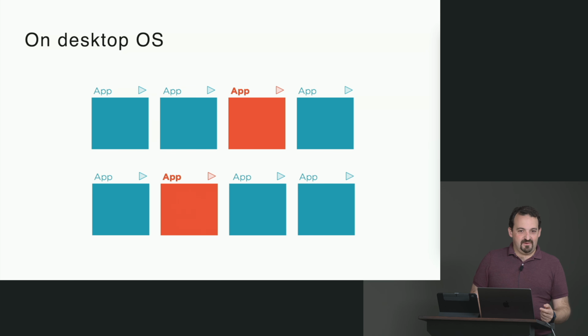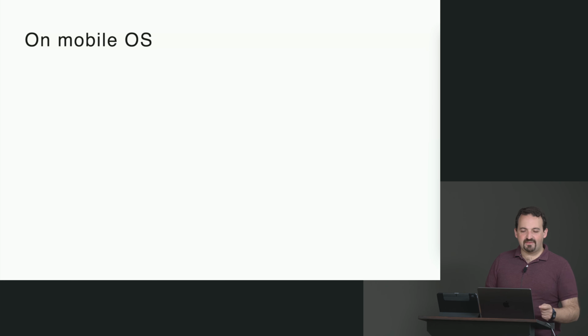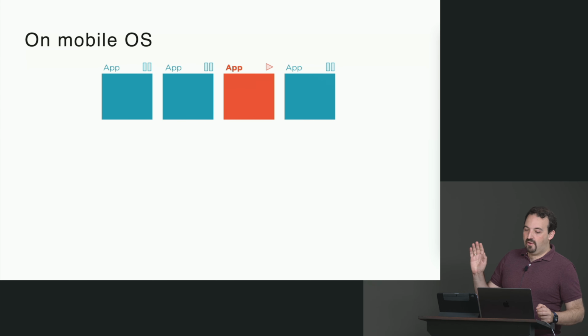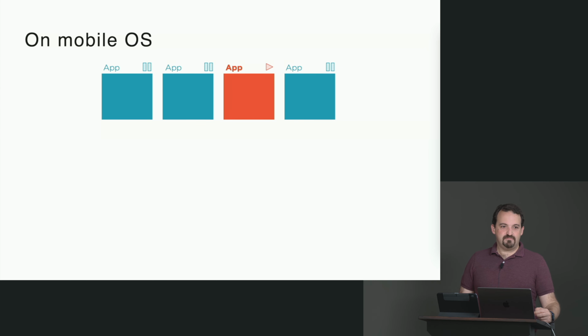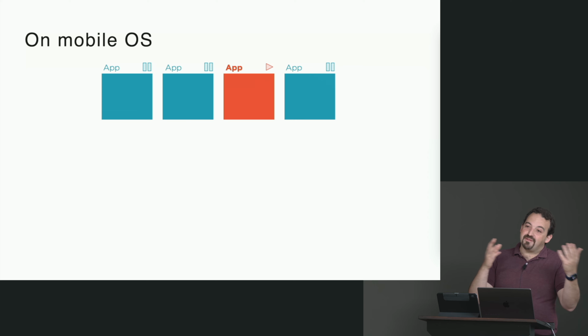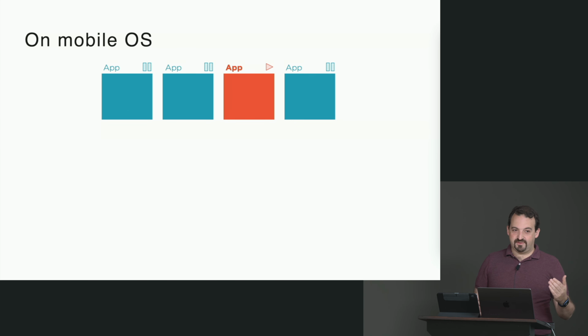When mobile appeared, we as users thought that that was the case also for mobile. And that's why a lot of people are actually closing apps, because they think that they are consuming resources. But that's not how they typically work. On mobile operating systems, this is a general idea. There are some exceptions, but in general, you have one app that is running, the active app, and the other apps that you see in the multitask manager are paused or suspended.